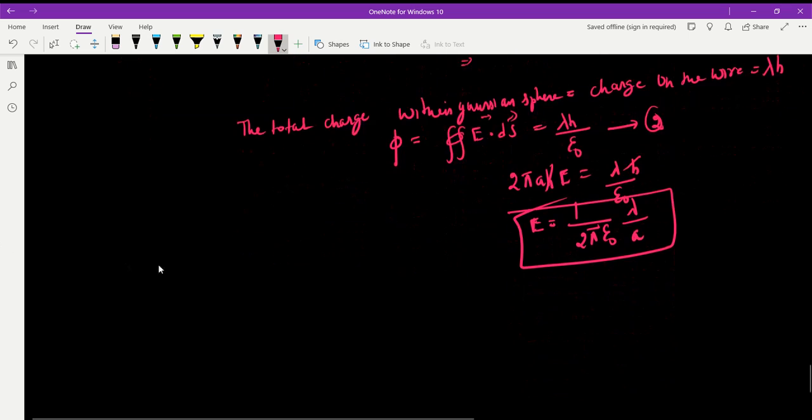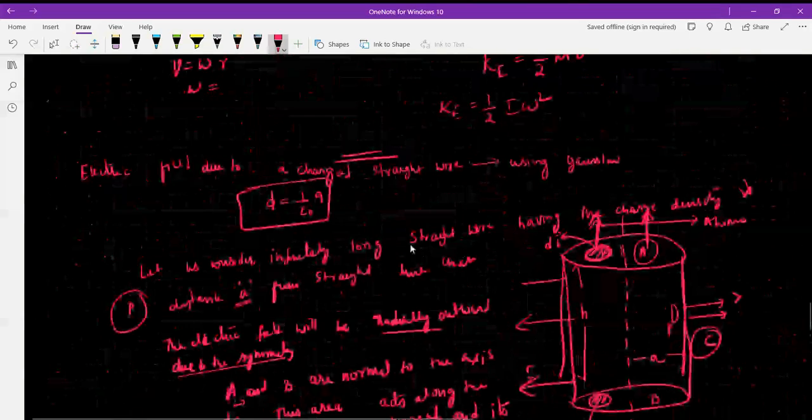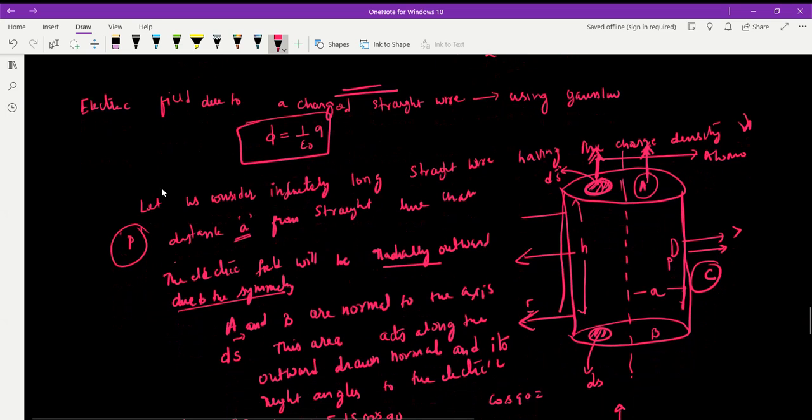Clear? So what is our aim? Our aim is to find the electric field due to the charged straight wire. First, our assumption is that the electric field is radially outwards.